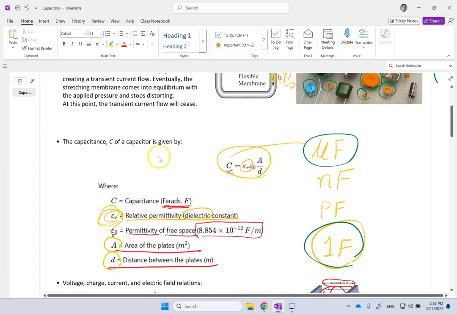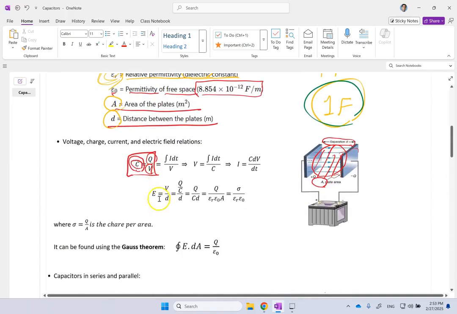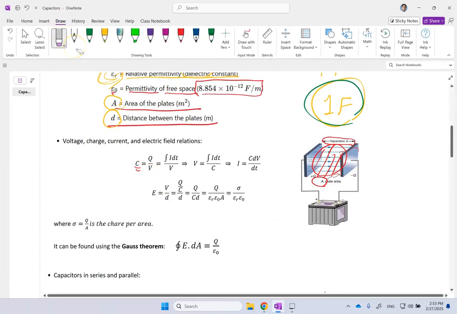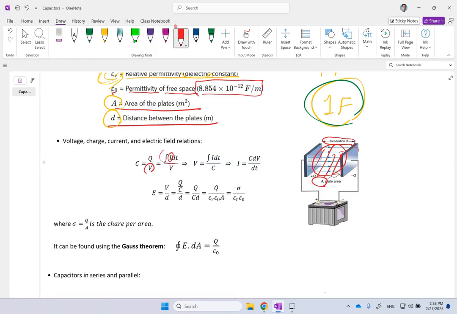So this is the capacitance formula, and this is the relation of capacitance with charge on the plates and the voltage. Now, many times in controls, electric circuits, mechatronics, you need to find the relation between voltage and current. Okay, now you know that the relation between current and charge is that charge is the integral of current over time, because current itself is the time derivative of the charge, correct?